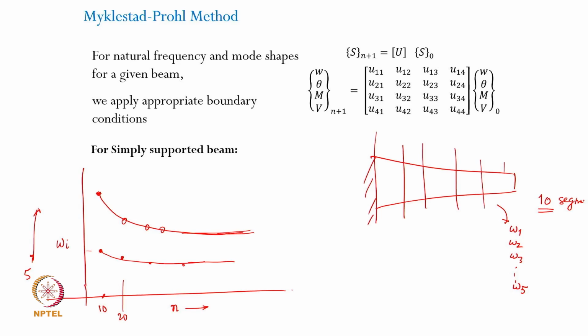That is a user-settable threshold, and based on that you can arrive at an optimized number of segments into which this particular continuum can be discretized. Larger discretization means more segments, but then your matrix multiplication iterations will increase, right? That is the only issue.